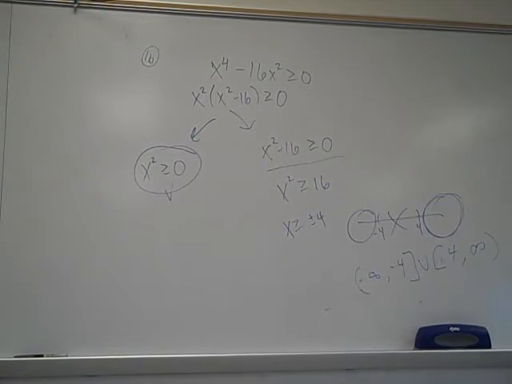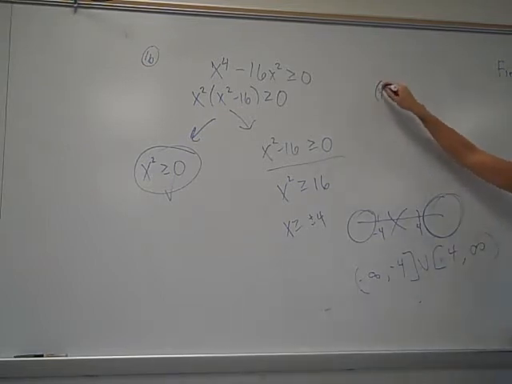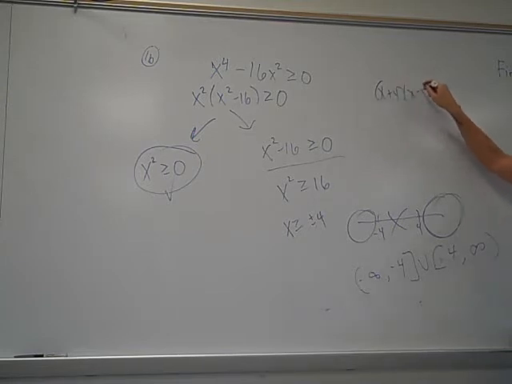Let's have you guys try one, because obviously it's not very easy. What if you had just done the difference of two squares and separated that? If I did that, I'd have x plus 4 times x minus 4 has to be greater than or equal to 0. I'd still get x has to be greater than or equal to -4 and 4. That's not really true.